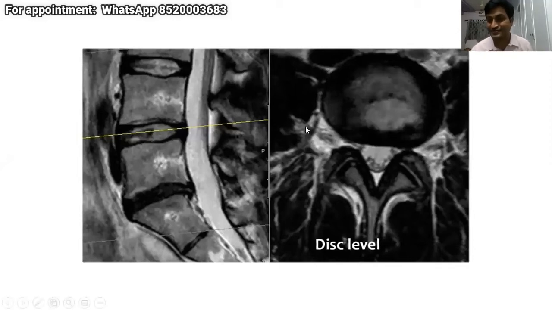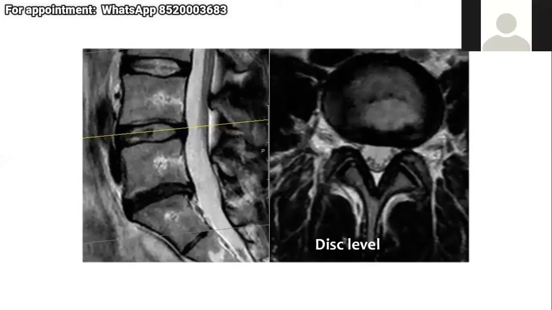Okay. Then one more thing which I have to tell you: the dimensions of the lateral canal and the central canal decrease in extension, and the dimensions increase in flexion. So are the symptoms of canal stenosis worse in flexion or extension?